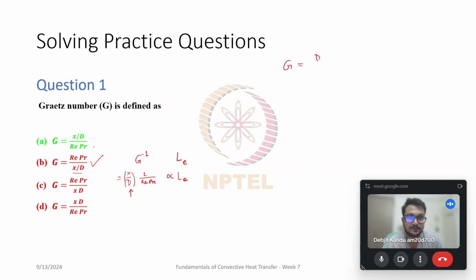We will get d square over alpha, divided by x by u infinity, which is the free stream velocity or some characteristic velocity of the flow.